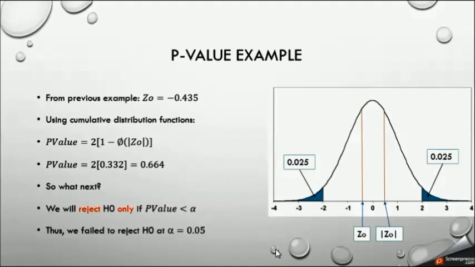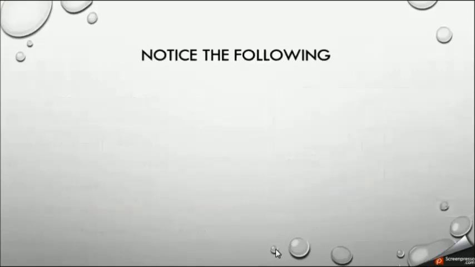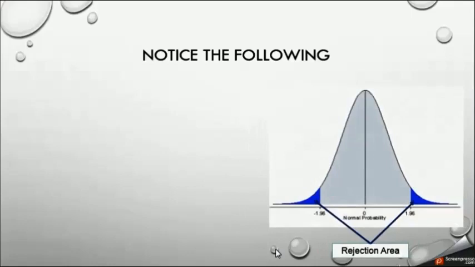So if the p-value is larger than alpha, we fail to reject H0. Again, this is the standard normal distribution. In the middle we have the acceptance region. On both sides, in case of a two-sided test, we have the rejection area. This is alpha over 2, and this one is alpha over 2, and in between we have 1 minus alpha.